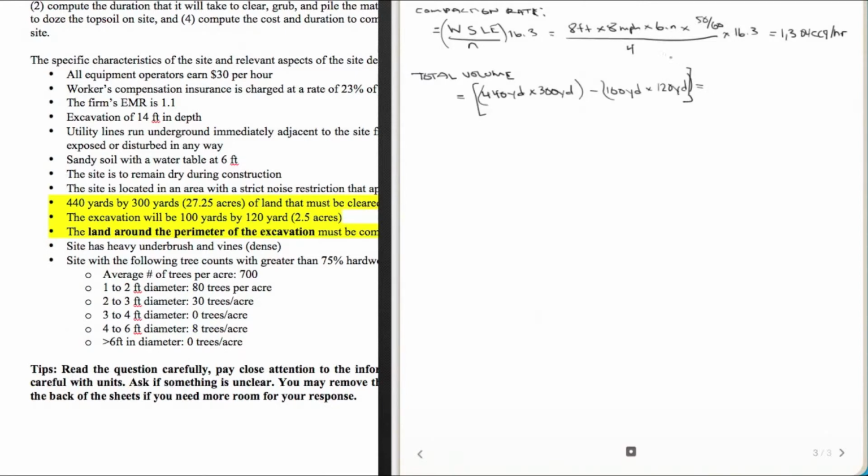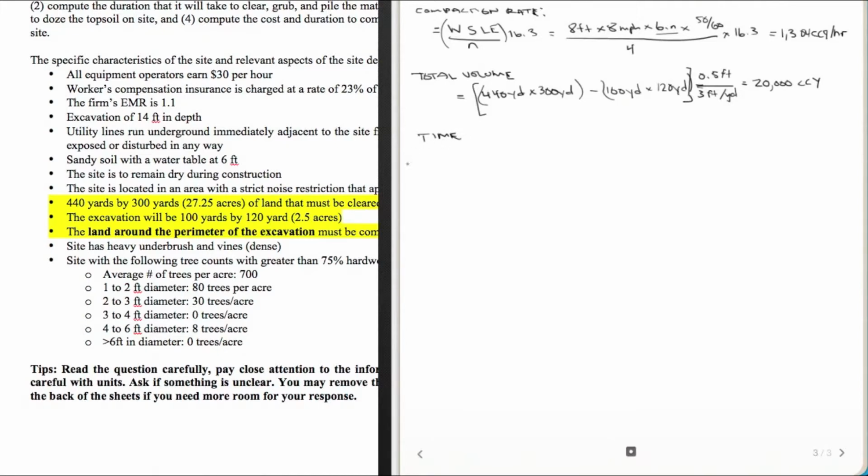Our depth, if you remember, was 6 inches, or we'll call it half a foot, 0.5 feet, and everything here you can see is in yards. So we need to divide by 3 feet in 1 yard, and we're going to end up with 20,000 CCY.